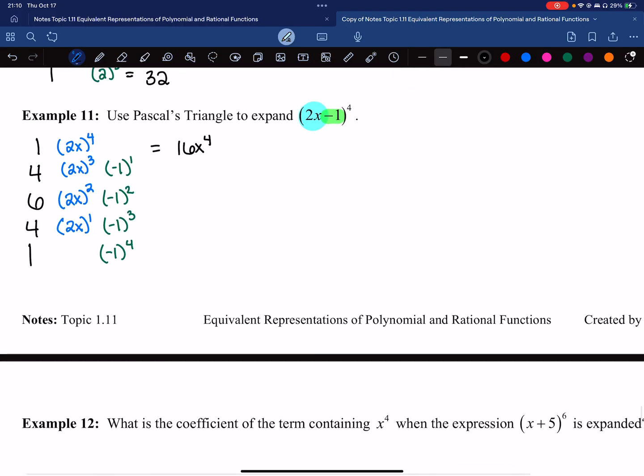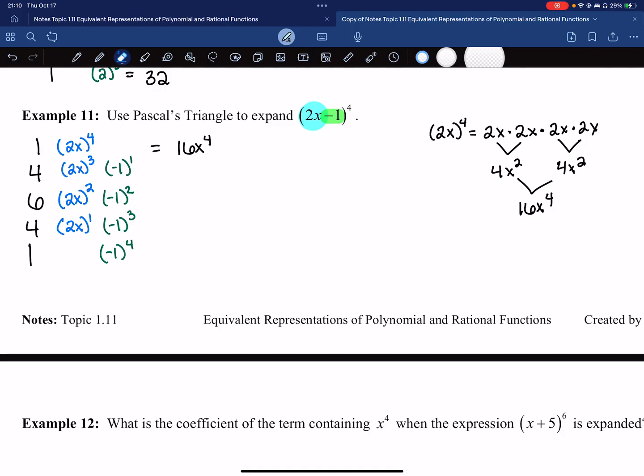So again, when you have the entire number in the parentheses, that means that you have 2x times 2x times 2x times 2x. 2x times 2x is 4x squared. 2x times 2x is 4x squared. 4x squared times 4x squared is 16x to the 4th power.